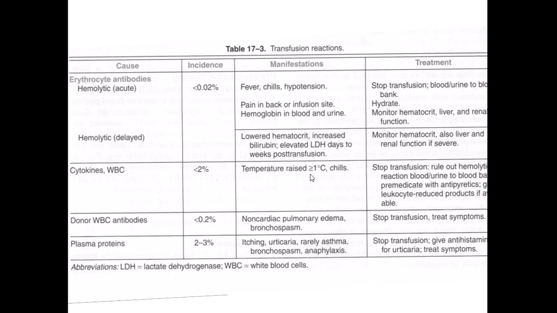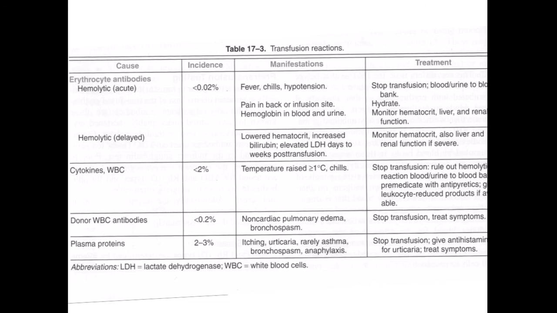Usually it will be raised more than 1 degree centigrade, and sometimes they could have chills. And the same thing here, in all cases we have to stop the transfusion, whether it is hemolytic or non-hemolytic, in order to investigate what is the real cause of the hemolysis or the increase in body temperature and fever and so on.